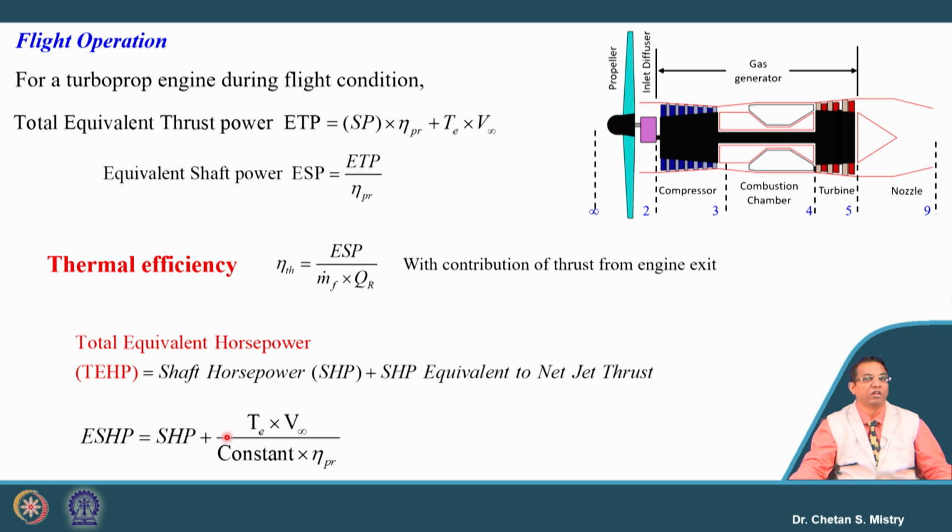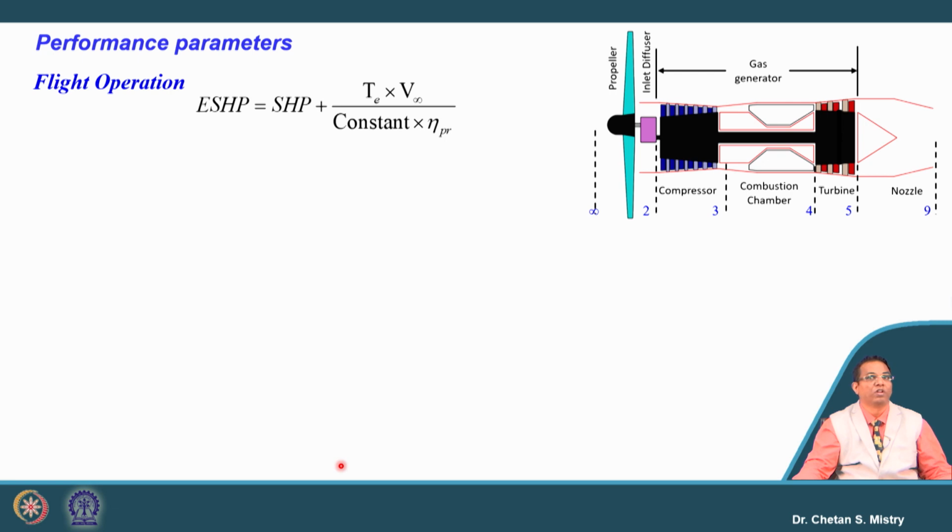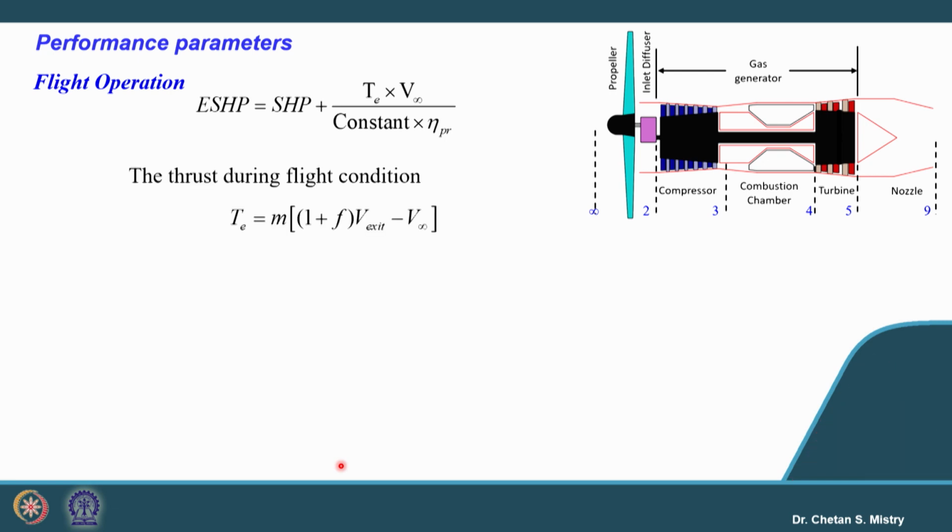Okay, and here this equivalent shaft power is given by shaft power plus T into V infinity divided by a constant into propeller efficiency. Now this is related with the flight condition, that is very important. Let's try to understand what we mean by this constant. It depends on what kind of flow configuration we are selecting.